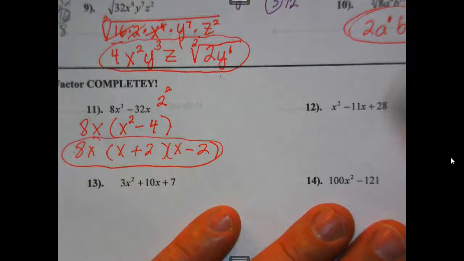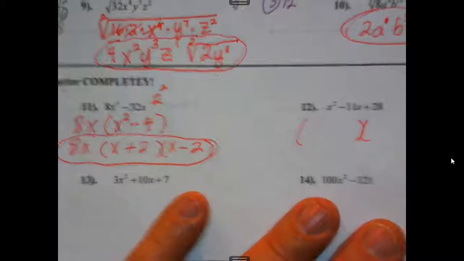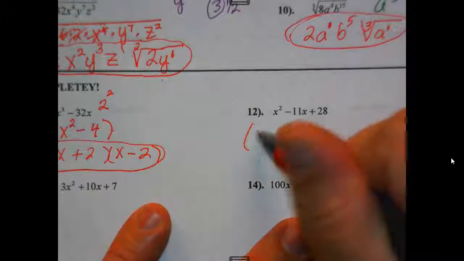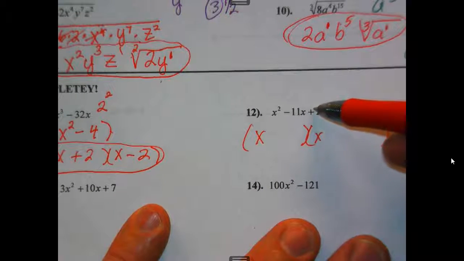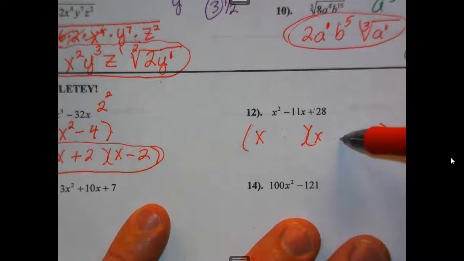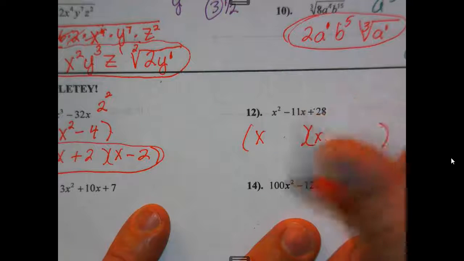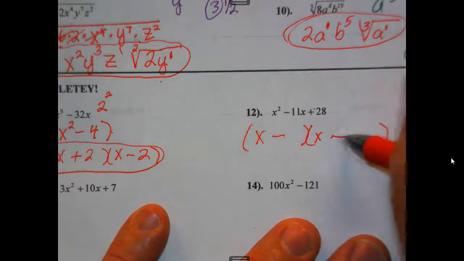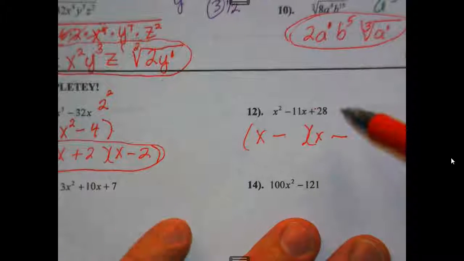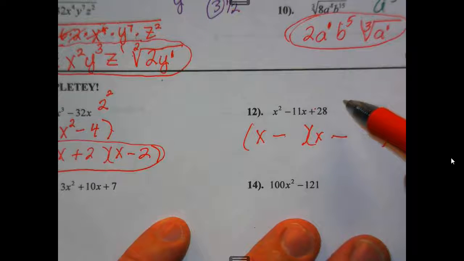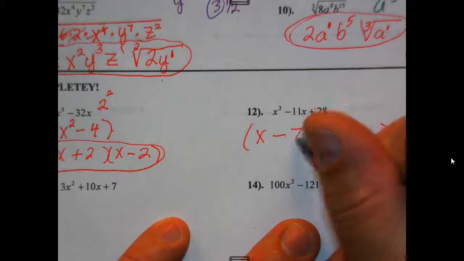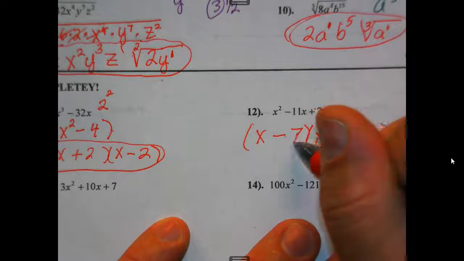Number 12, my a is 1. This is really simple. Okay, my a is 1. x times x is the only way to get x squared. They multiply to a positive, so it's the same sign, but add up to a negative, so they have to be negative. Factors of 28, 1 and 28, 2 and 14, 4 and 7. Which ones add up to 11? 7 and 4.